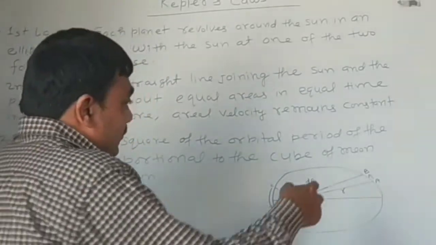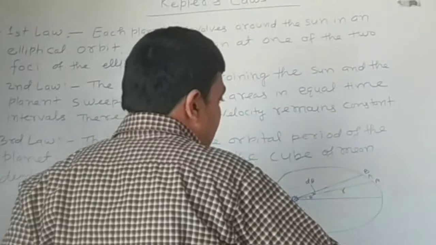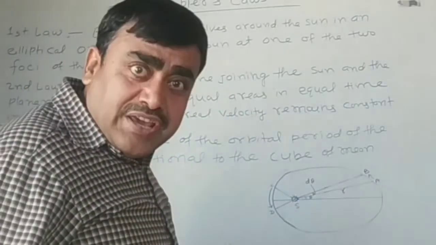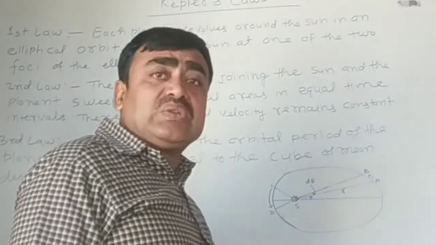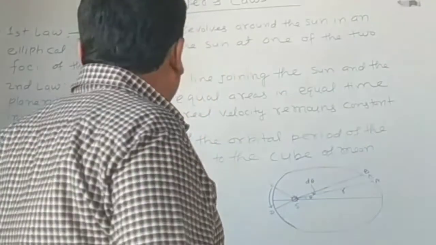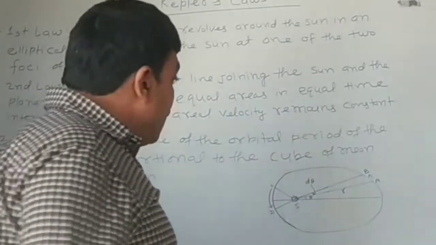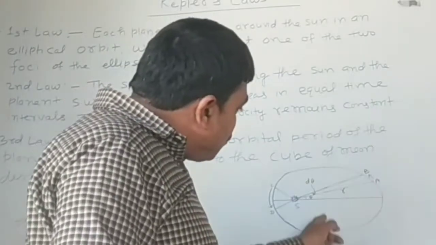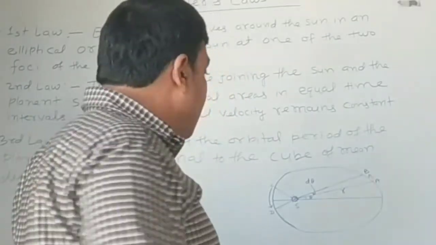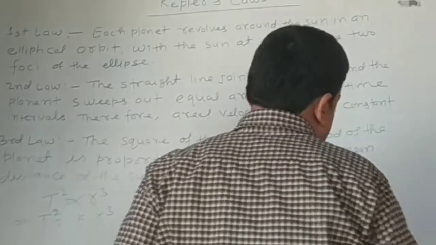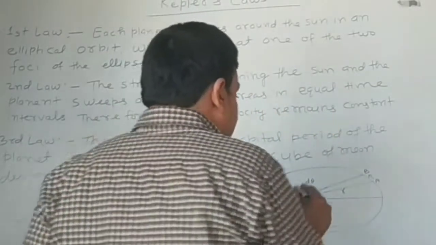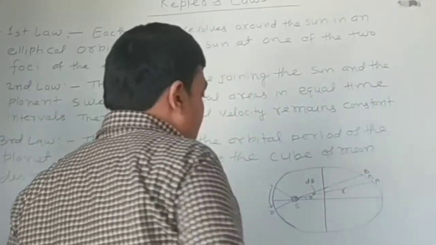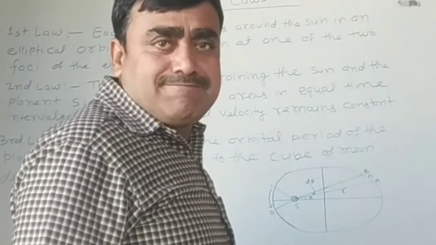Look here, this is an elliptical orbit on which any planet or Earth revolves around the sun. It has two axes. First one is called major axis and other is called minor axis. Okay?